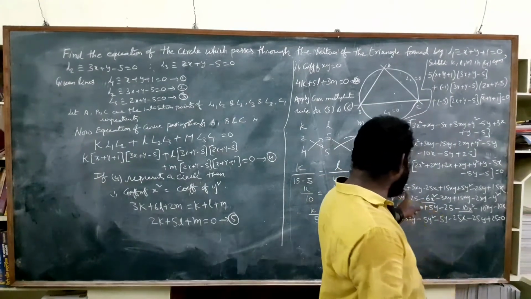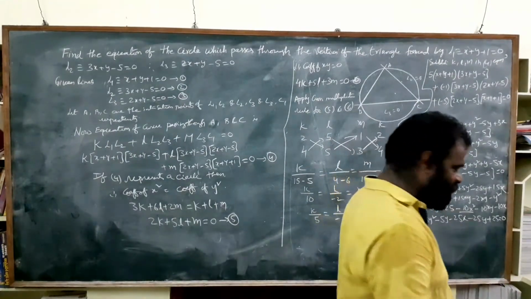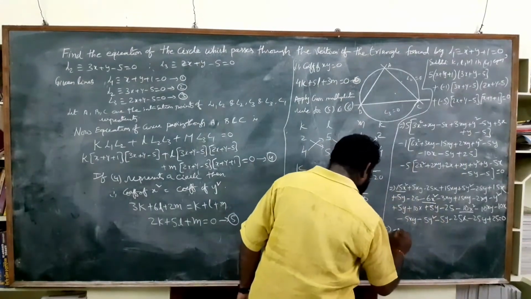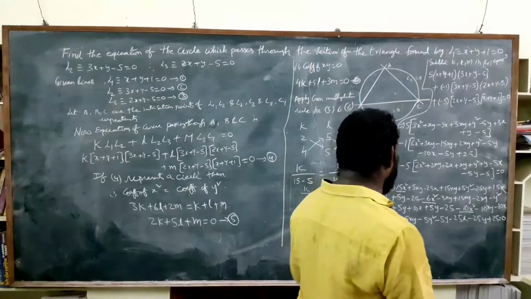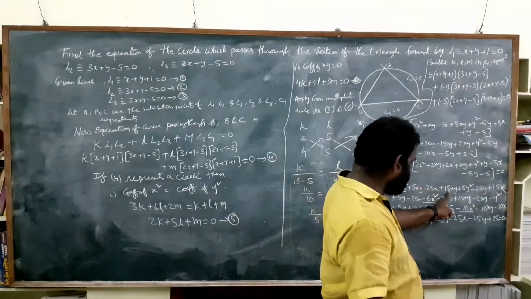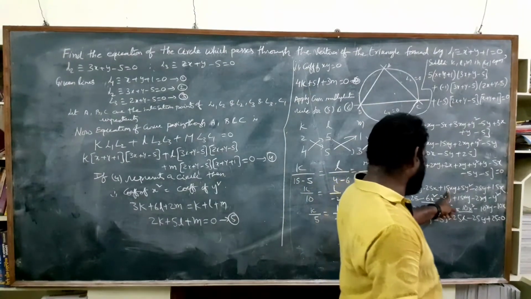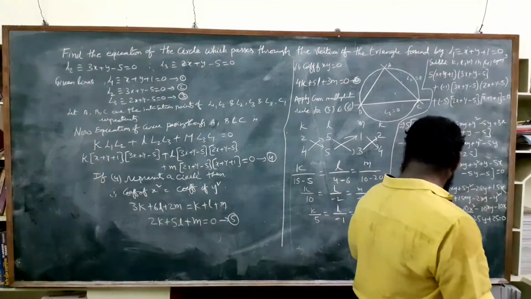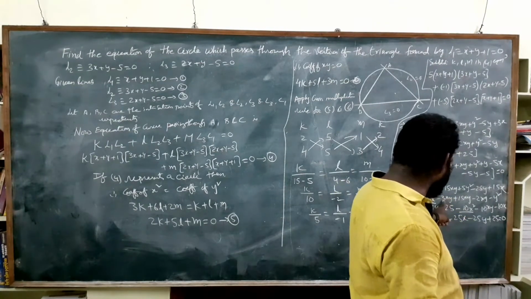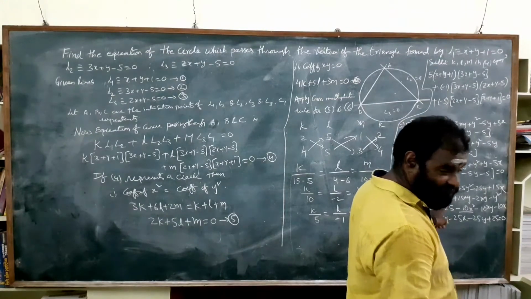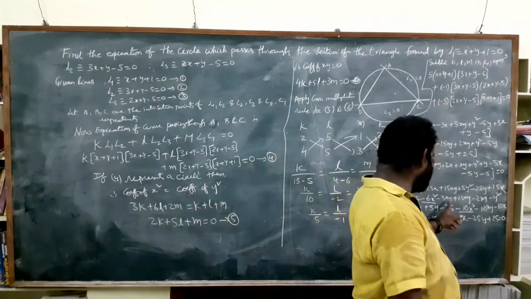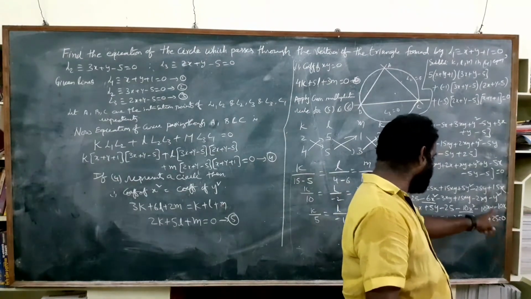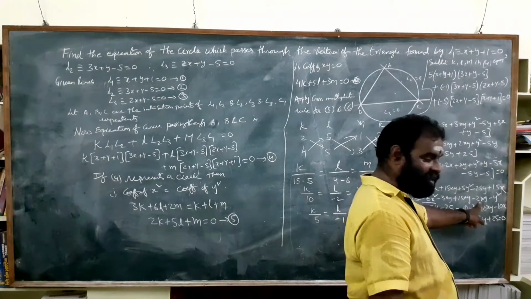So what happened? 15x square minus 16x square, nothing but minus x square. And what are xy's? 5xy plus 15xy, 20xy. 20xy minus 3xy, 17xy, 17 plus 15, 32xy. 32 minus 2xy, 30xy.